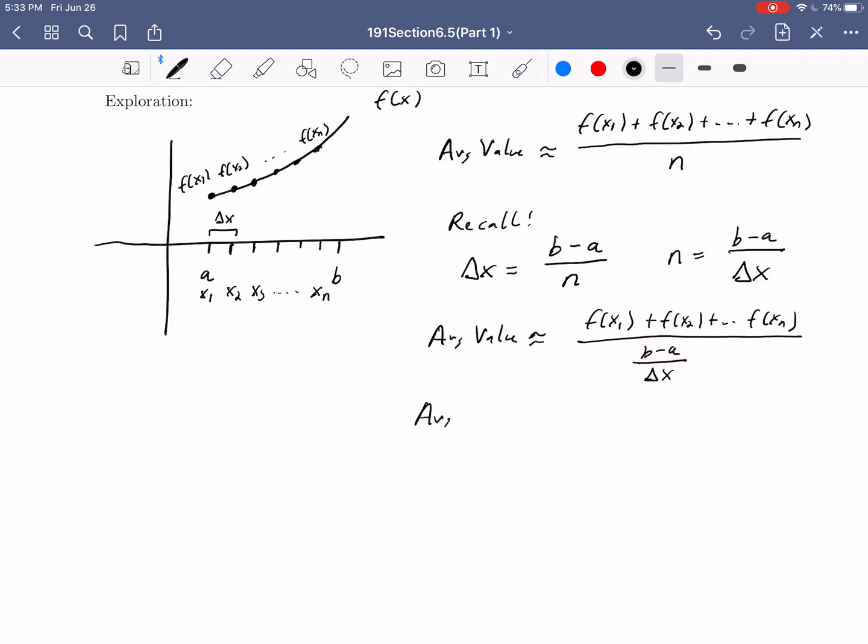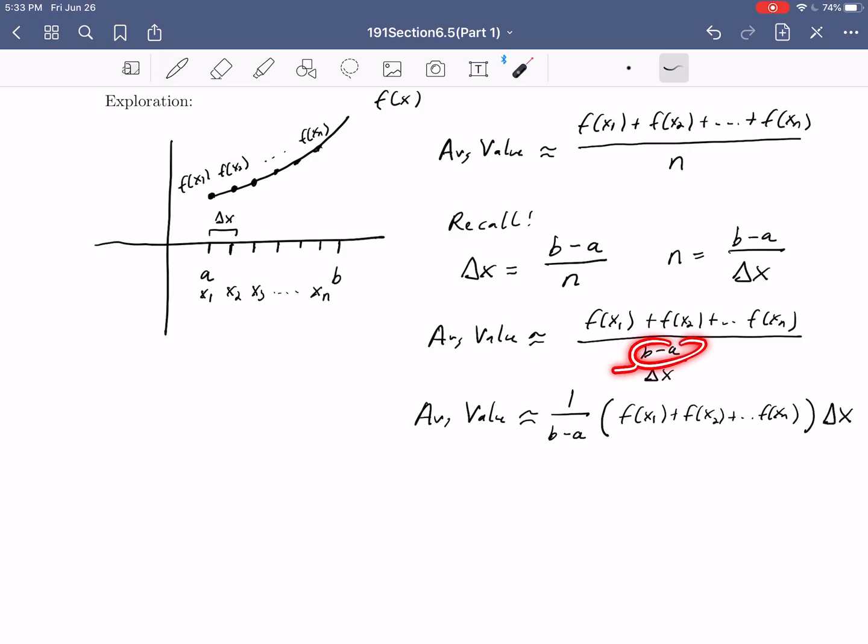So we have that the average value is at least approximately 1 over b minus a times f of x1 plus f of x2 plus f of xn, times delta x. So again, that's just factoring that b minus a out front as 1 over b minus a and taking the delta x and putting it up there.